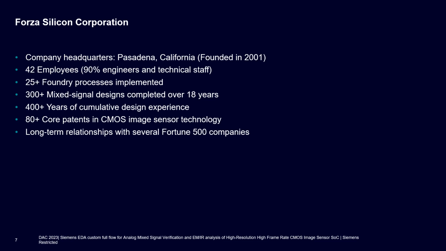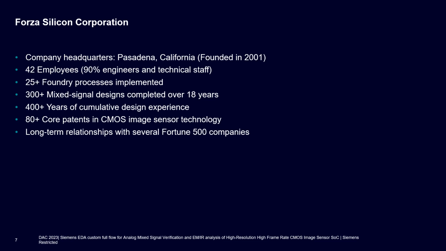Forza Silicon was founded in 2001 in Pasadena, California. We currently have 42 employees, mostly engineers, having expertise in analog and mixed signal IC design, test hardware design. Over the last 2 decades, we have worked with over 25 foundry processes, mostly dedicated to CMOS image sensor. So far, we have successfully completed over 300 mixed signal designs for several customers in the last 18 years since inception.